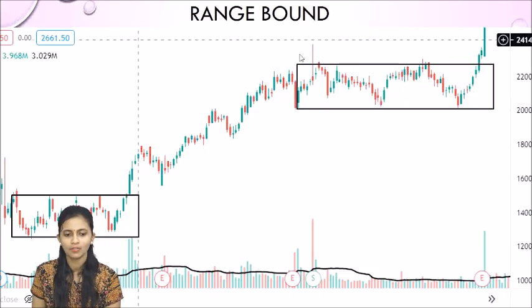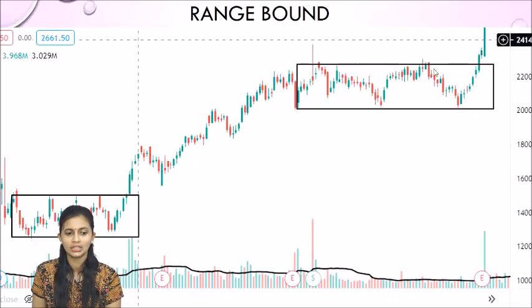So once it comes out of this range bound zone, you think that the stock will fall, but necessarily that need not happen. Because sometimes what happens is, a few big players have entered here, and after again a small rally, here again some big players have come in and they started investing.